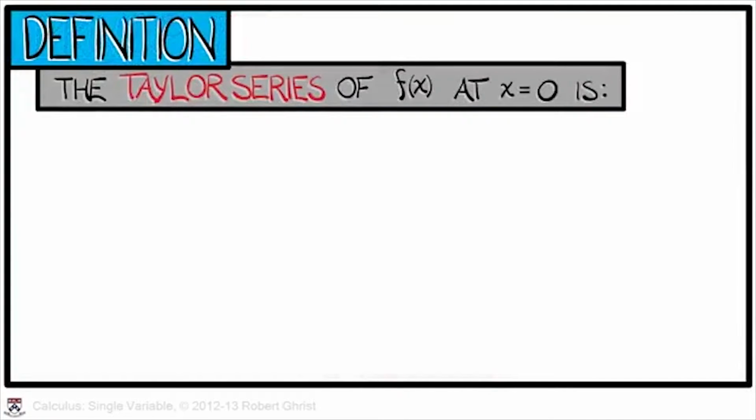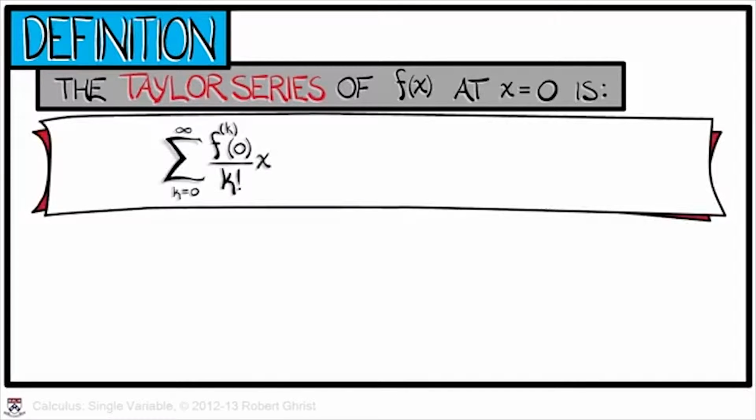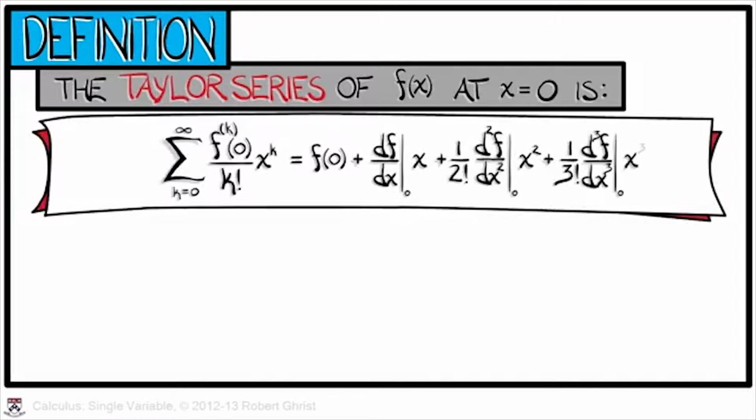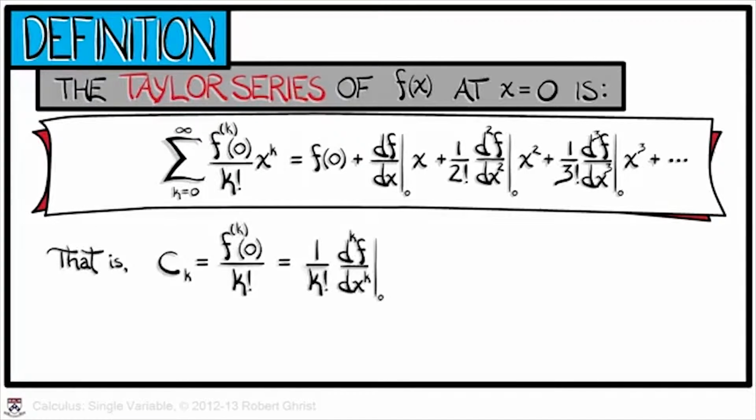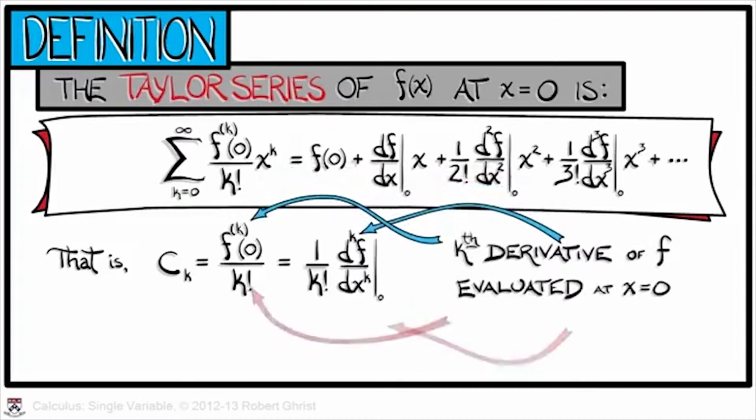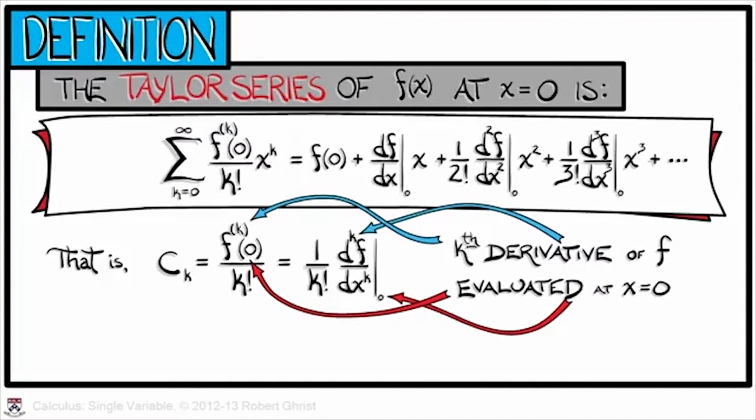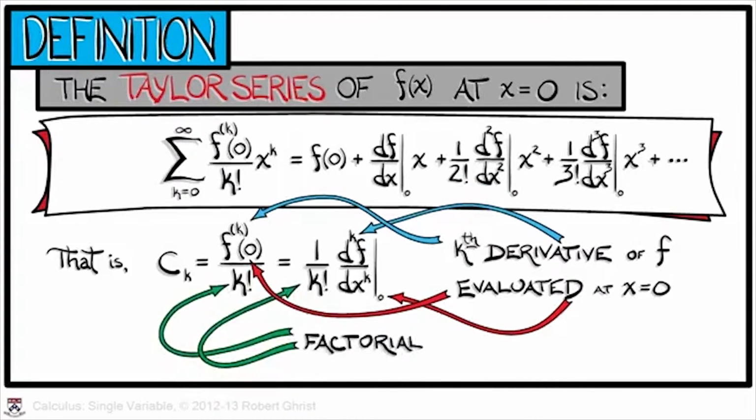The Taylor series of a function f at an input 0 is the following series: f at 0 plus the derivative at 0 times x plus 1 over 2 factorial times the second derivative at 0 times x squared, etc. That is, the kth coefficient is equal to the kth derivative of f evaluated at the input 0 and then divided by k factorial.